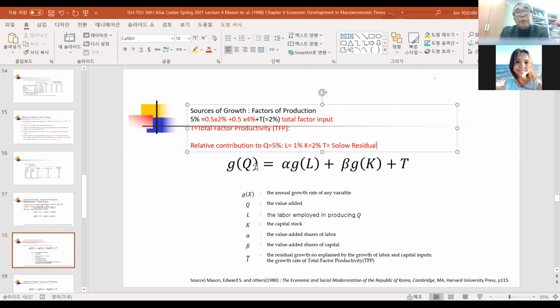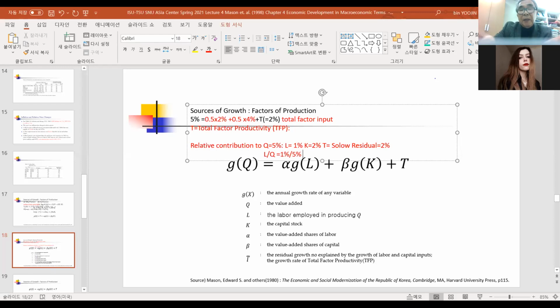Okay? So relative contribution to Q: 5%, labor is 1%, capital is 2%, T is 2%, right? So relative contribution we calculate in this manner. Okay, labor divided by Q is 1% divided by 5%.